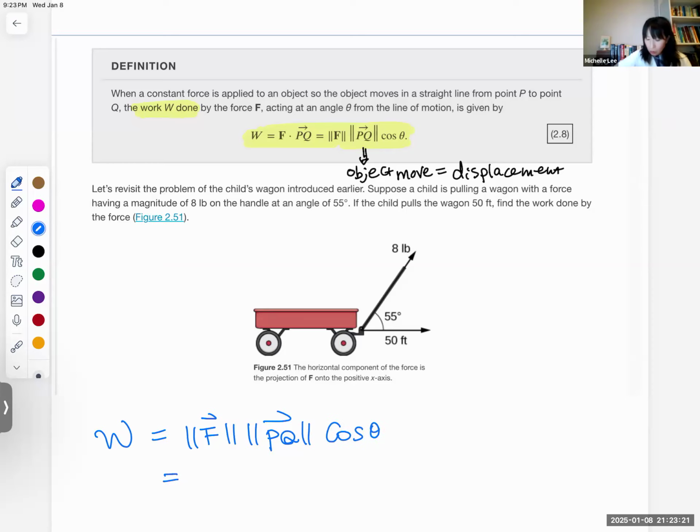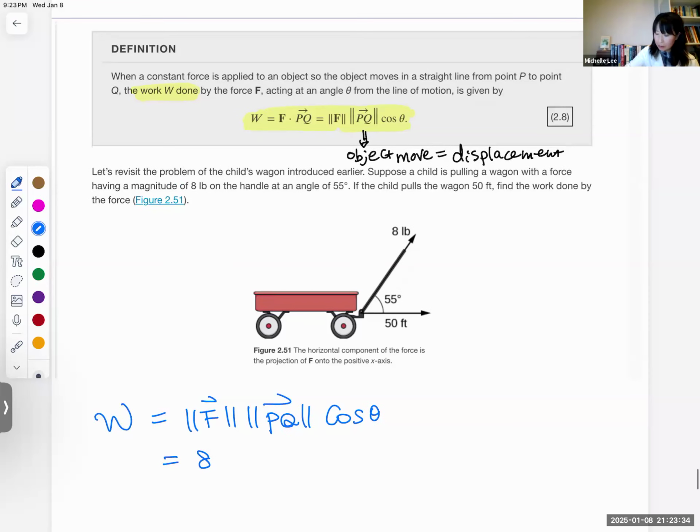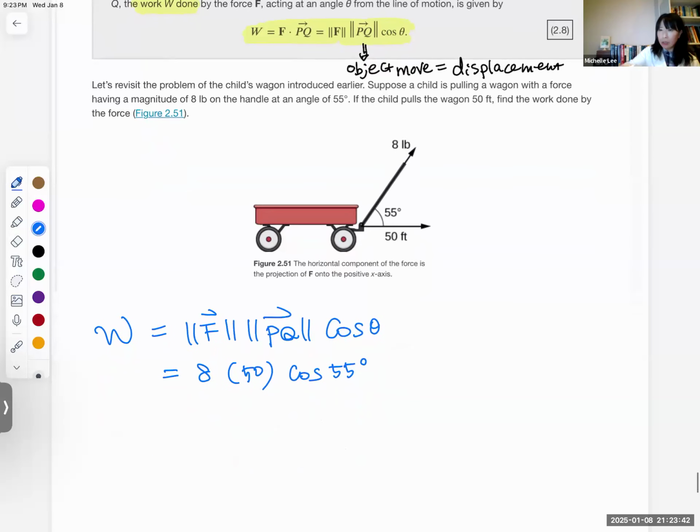What's the magnitude of F? Very good, that's 8. And what's the displacement? 50 feet. Very good. And cosine, what angle are we using? Cosine 55. Very good. Now, can you please calculate?